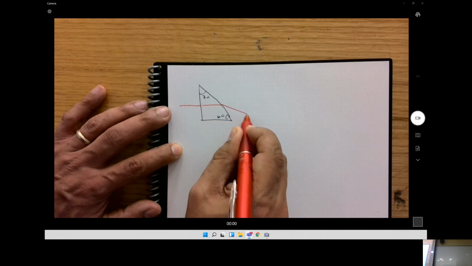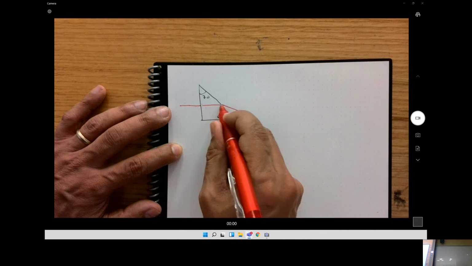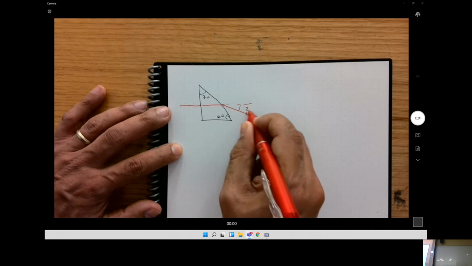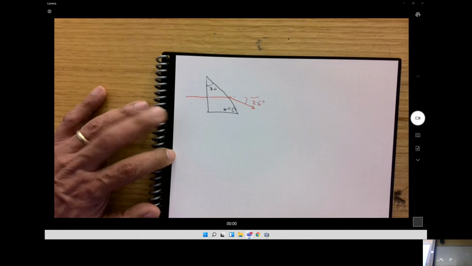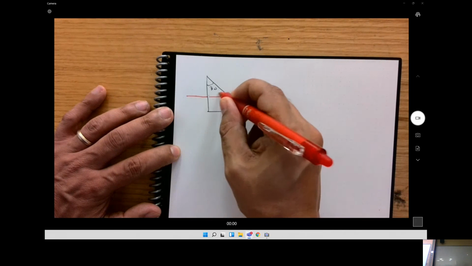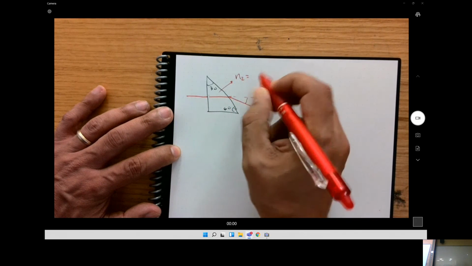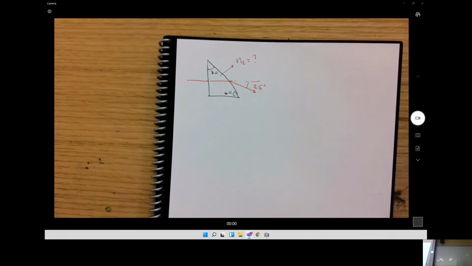And then it comes out at an angle of 25 degrees. Okay, and I want to find out what is the refractive index of the prism. Okay, so give it a try.